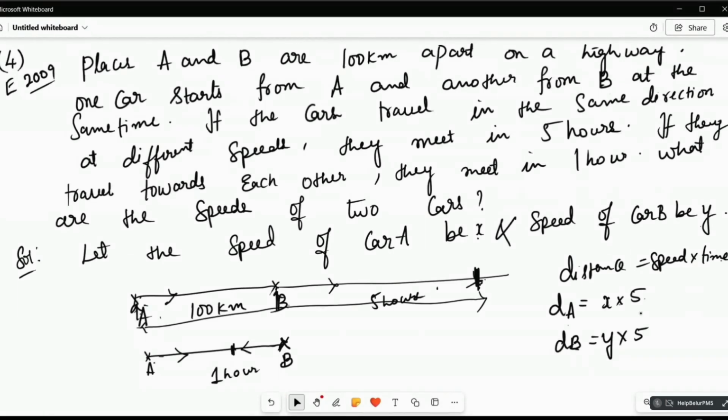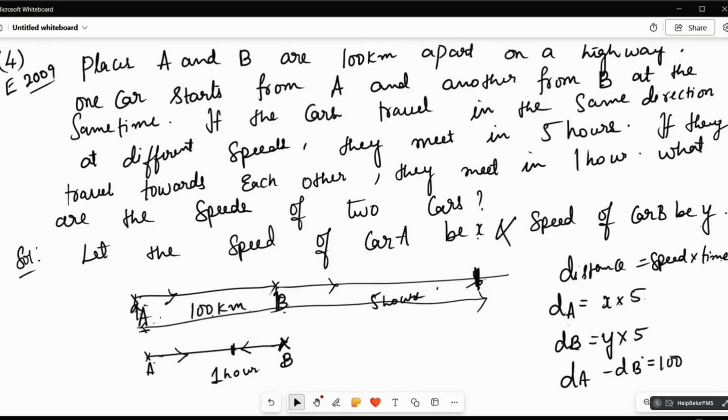Now A will travel 100 kilometers more than B, then only it can meet. Correct? So dA minus dB is equal to 100.